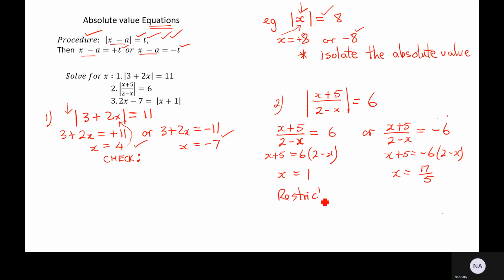But most important, why is there a restriction? Because of the denominator. The denominator must not equal 0. In other words, x must not equal 2. But when we check our answers, we notice there's no 2. Therefore, I can accept both those answers.